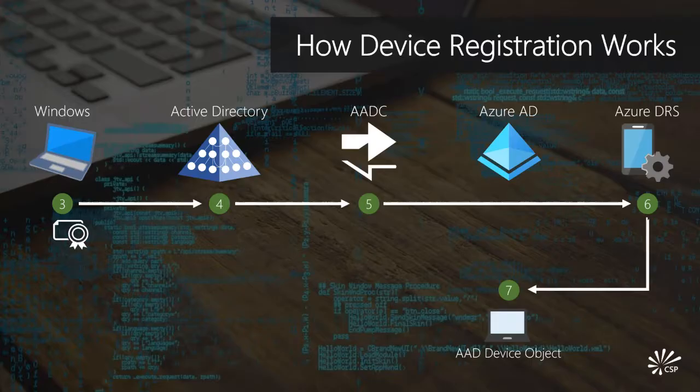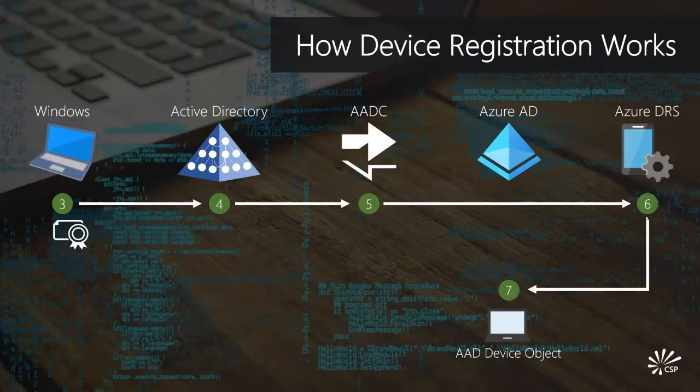So this makes Azure AD aware of the self-signed certificate value that was generated by Windows a few steps earlier. Because Azure AD trusts what Azure AD Connect synchronizes, it will then trust that this self-signed certificate belongs to our computer because it's coming from a trusted source, which is Active Directory. At this stage, if you looked at the Azure AD portal, the device object will show up, but it's not fully joined yet.